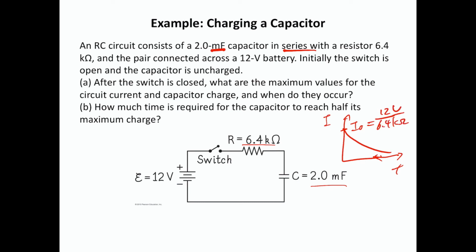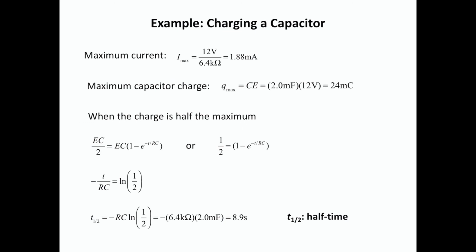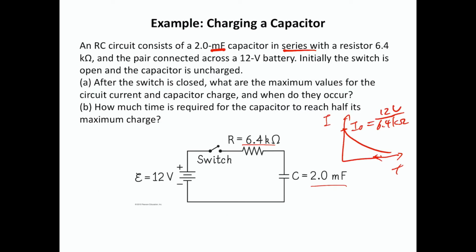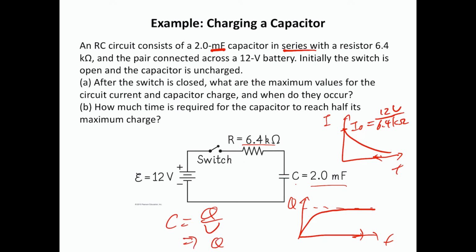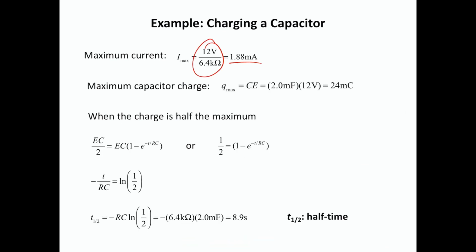So this one here is 1.88 milliamp. What's the maximum charge? If you look at how the charge builds up across here, the maximum charge is from C equals Q over V. So the charge Q is CV. Therefore, it's CV, 24 millicoulomb.